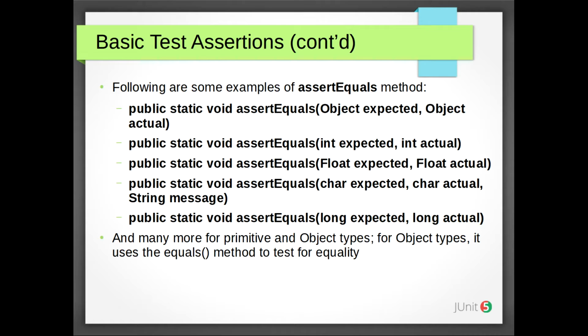Public static void assertEquals long expected, long actual. And many more for primitive and object types. For object types, it uses the equals method to test for equality.